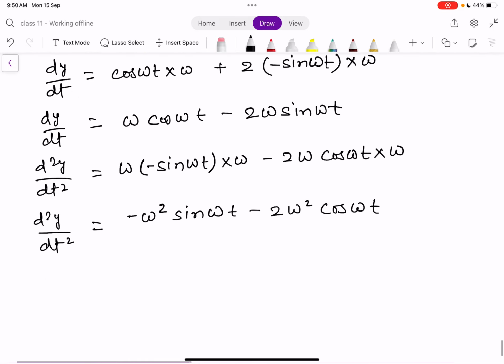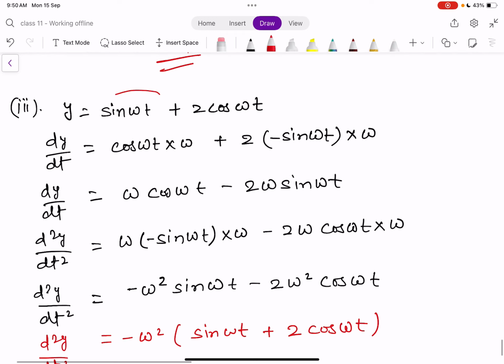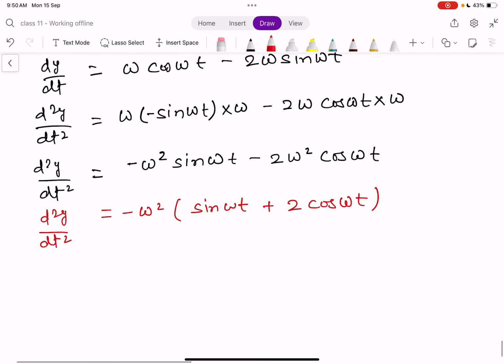Alright, can we take minus omega square as common? Yes. Taking minus omega square as common, we get sin omega t plus 2 cos omega t. And here also y is sin omega t plus 2 cos omega t.